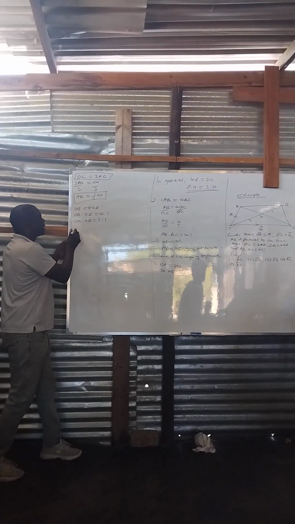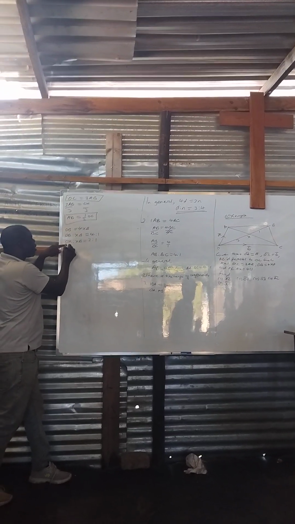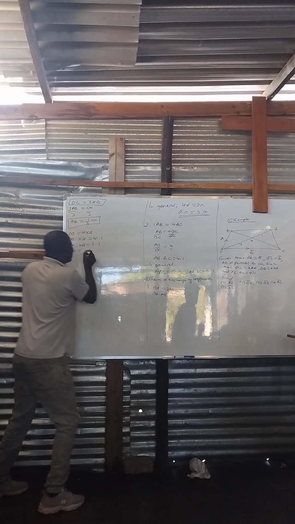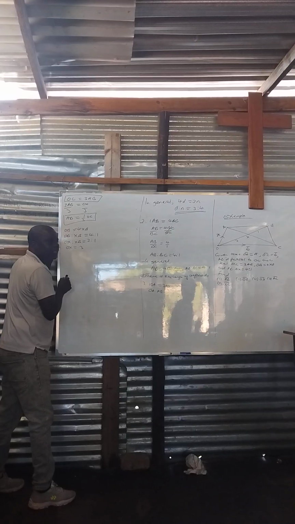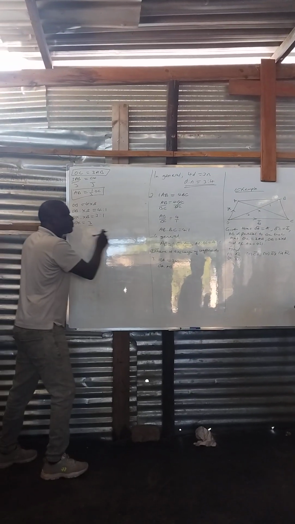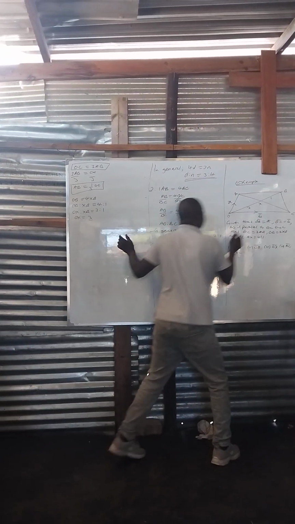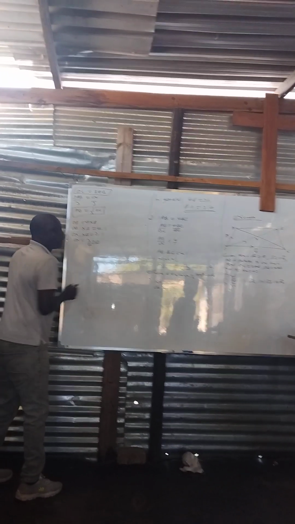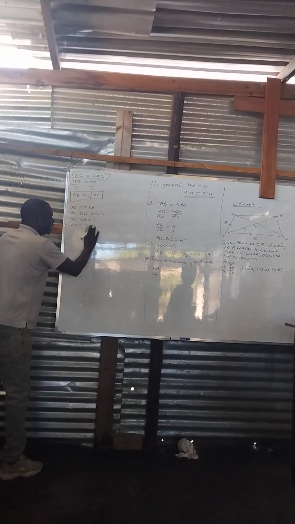Now line OB, and OX occupies 3 parts. Do you agree? Out of how many parts? The whole line, 4 parts of the whole line OB.